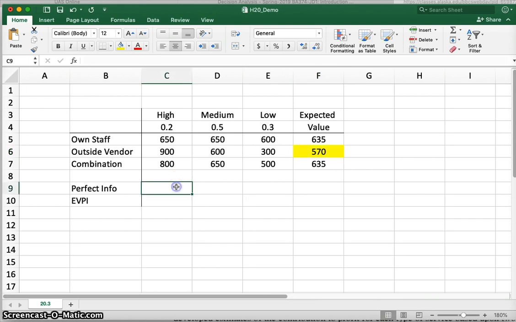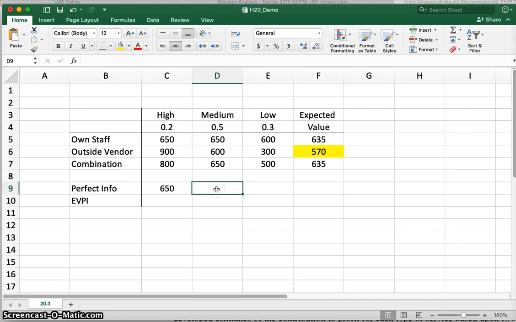Now, what if I had perfect info? So, for instance, if I knew the demand was going to be high, or if I knew the demand was going to be medium or low, which one would I choose? And all I'm going to do is, in each case, choose the lowest one. So if demand was high, it would be that. If demand was medium, it would be this one.